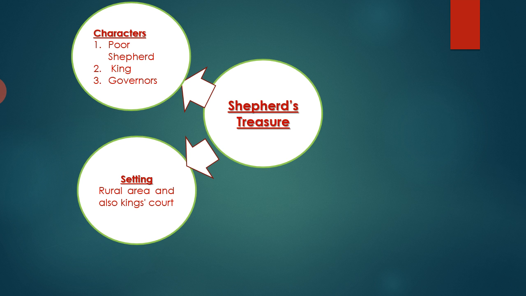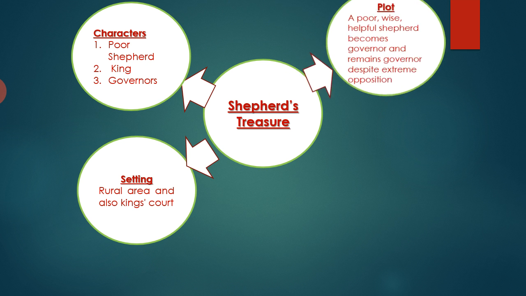Because in the beginning itself, the description is given that the poor shepherd lived in a village in rural Iran, a rural area where all facilities were not available. This we have seen. It shows that the setting of the story is in the rural area. So this we have to understand.